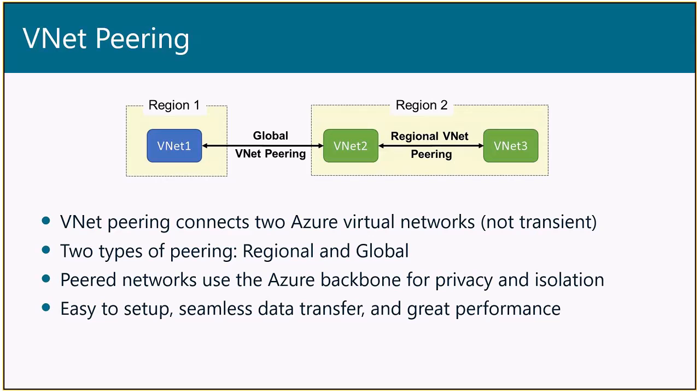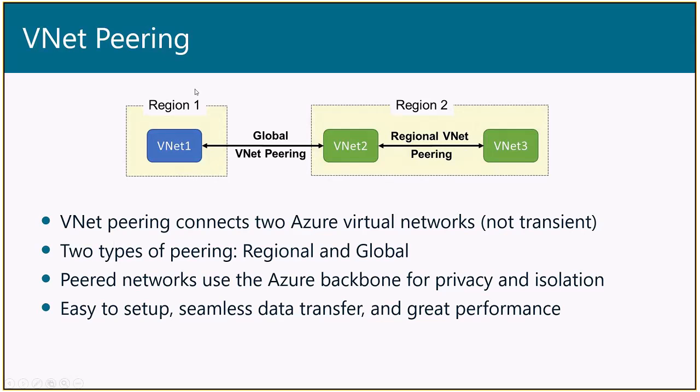What we're doing in the VNet peering is connecting Azure Virtual Network VNet 1 and VNet 2. We have 2 types of peering: global VNet peering and regional VNet peering. Regional means that both VNets are in the same region.